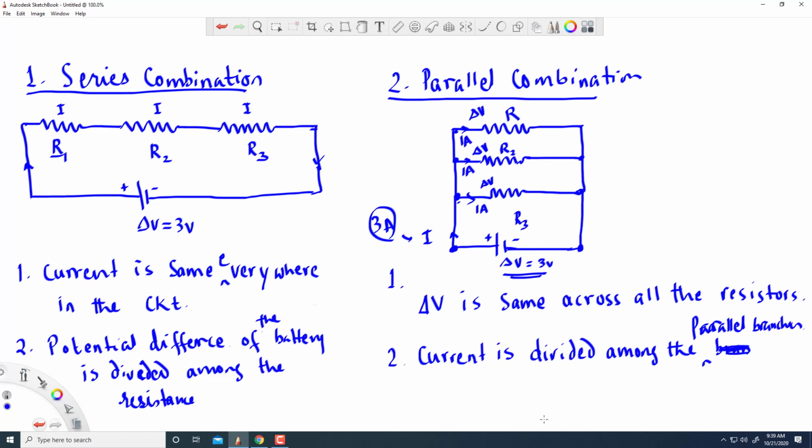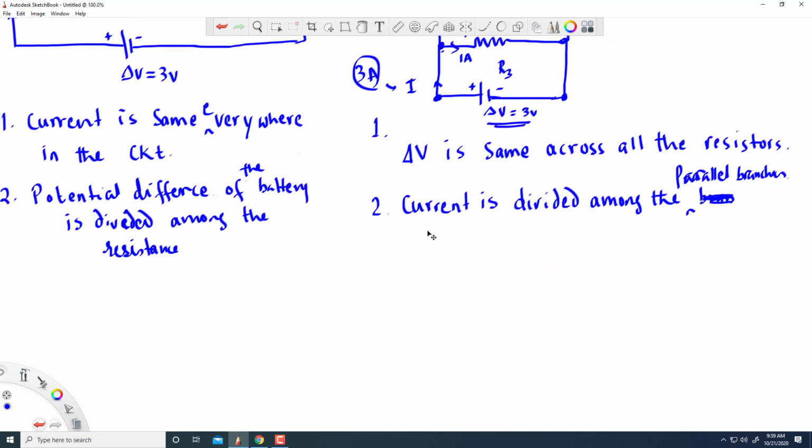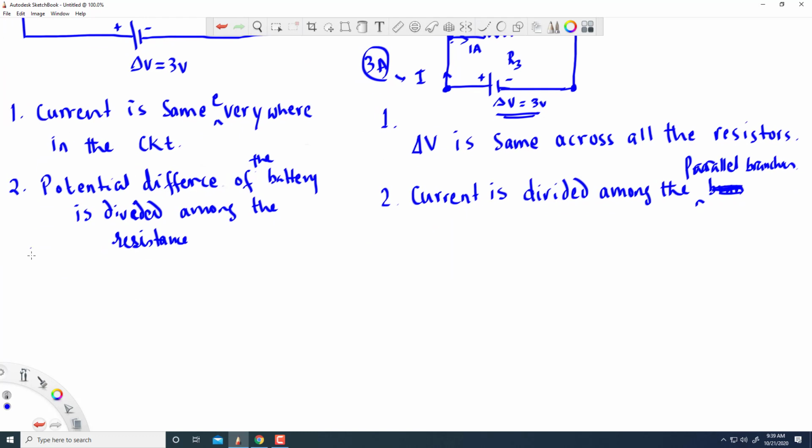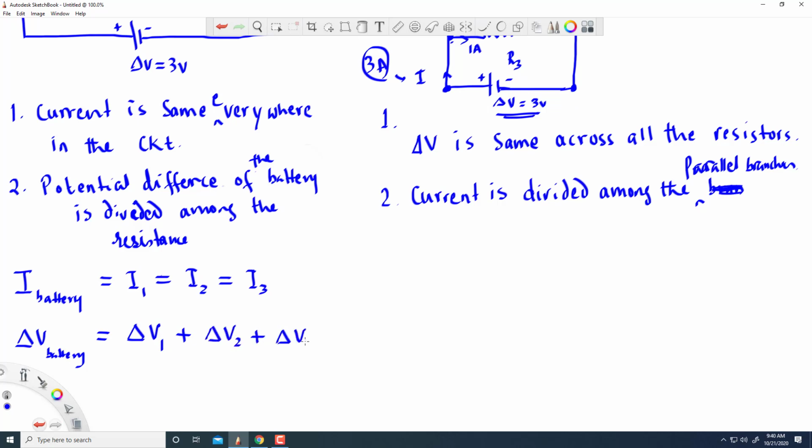We can write it in symbolic form. In the series case, the current I produced by the battery is equal to the current through the first resistor, the second resistor, and the third resistor, so current is the same everywhere, whereas delta V of the battery is divided among the individual resistors: delta V of 1, delta V of 2, and delta V of 3.